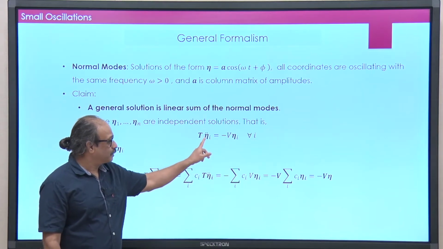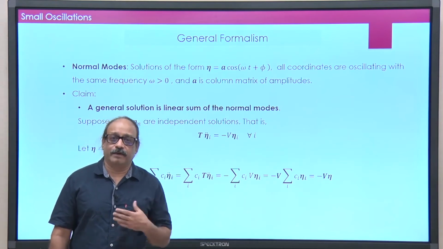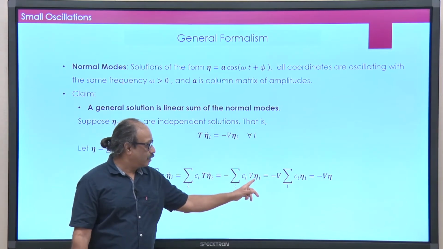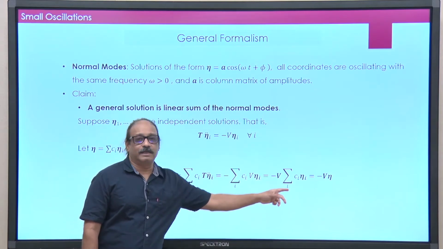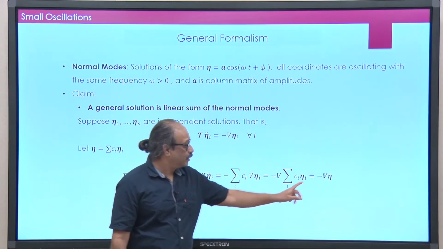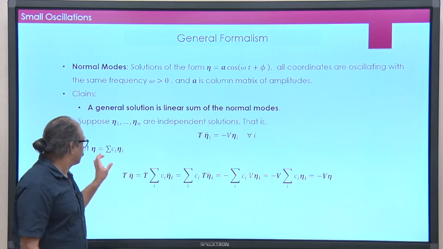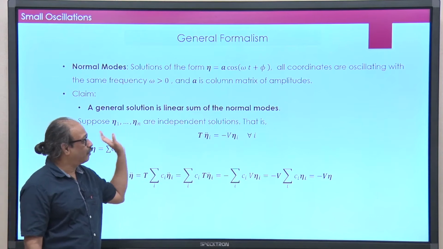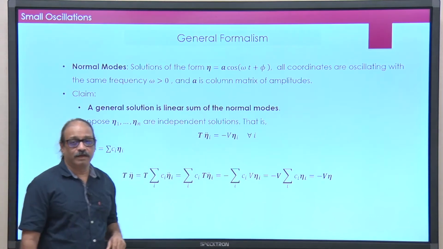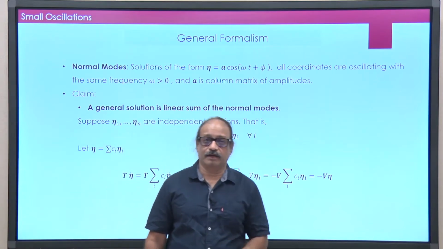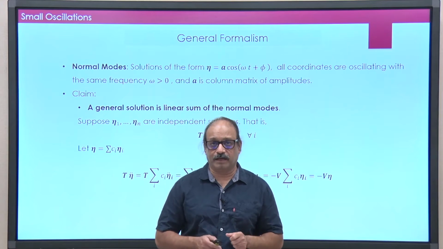But we know from this equation that T operating on eta_i double dot is nothing but minus V operating on eta_i, and then you put that together and finally get minus V eta. So, basically this eta, which is a linear sum of all these independent solutions, is also a solution of this differential equation. So, this basically completes the first part of the claim.